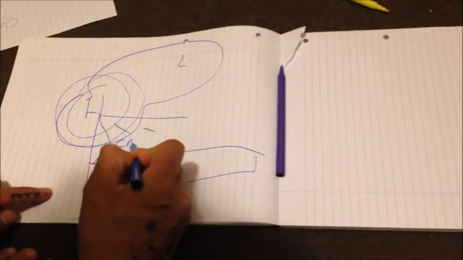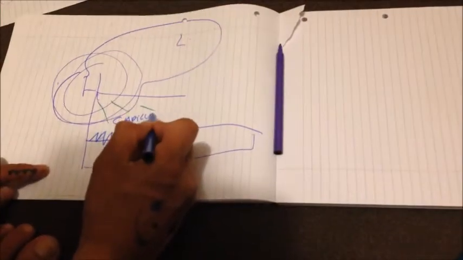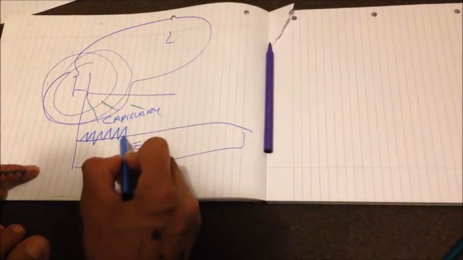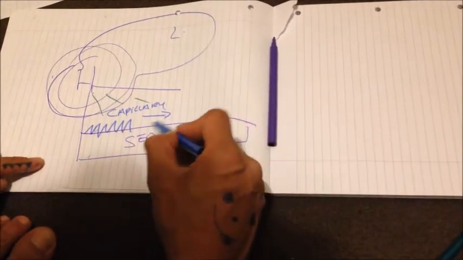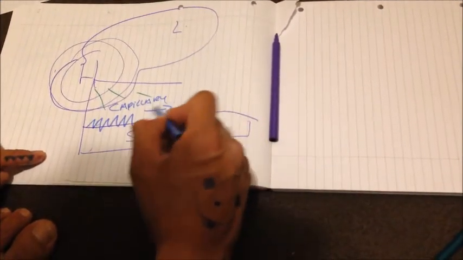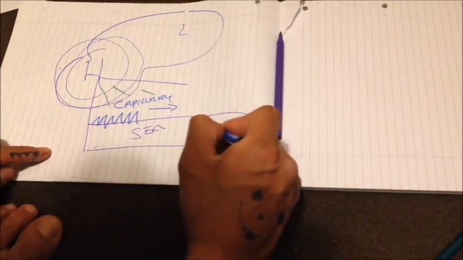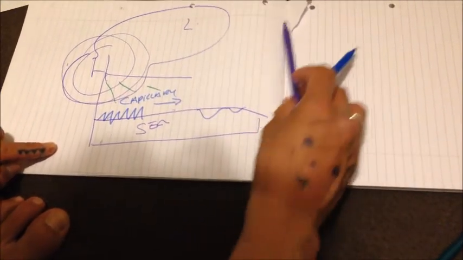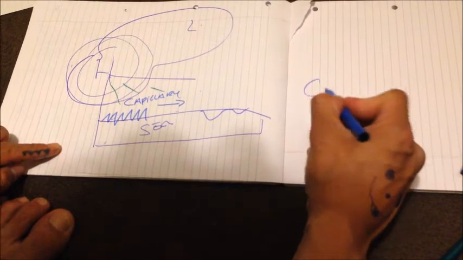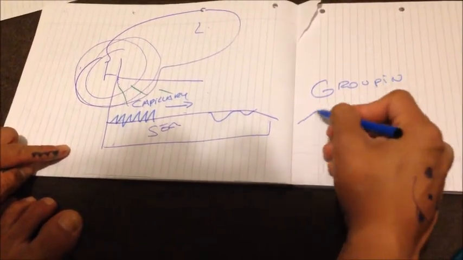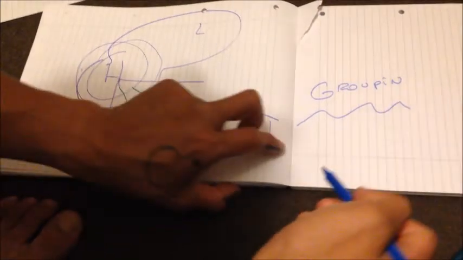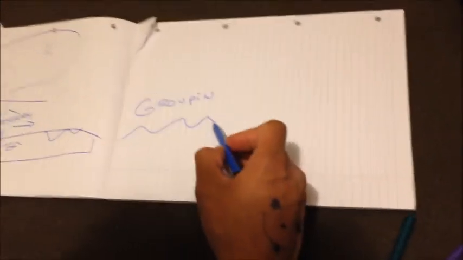This capillary wave starts traveling, and it is then called a traveling wave, and then we get gravity waves, and then we start getting the grouping wave. So when they all start getting together is when they start getting close to the land.